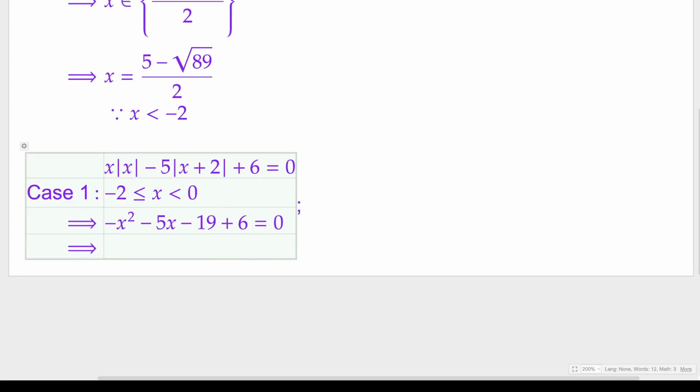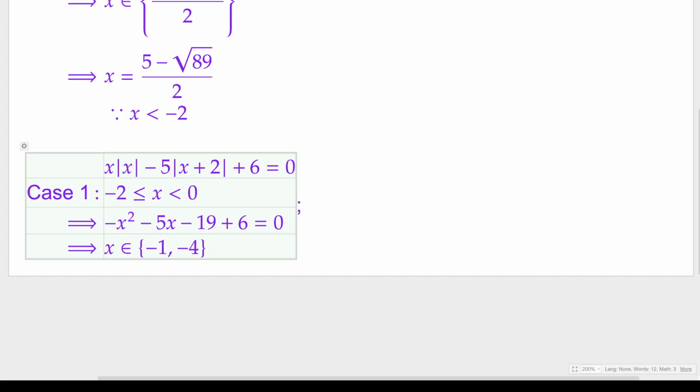On resolving this one, we get x square plus 5x minus 4 equal to 0, so the roots are negative 1 and negative 4.